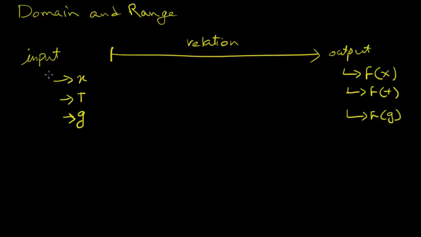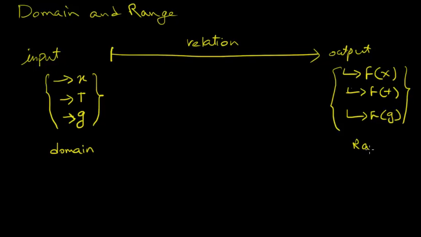All the possible inputs that go into the function are called the domain. And all the possible values that come out as output of the function are called the range. There are also other names for domain and range.